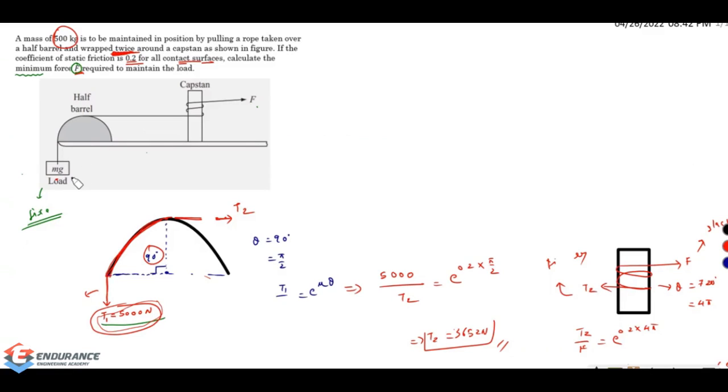When I try to hold it at the position, friction supported me. That is very obvious. But when I try to lift it up, friction is going to oppose my force. I hope you are getting my point.